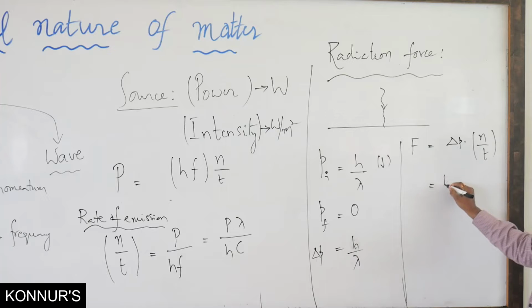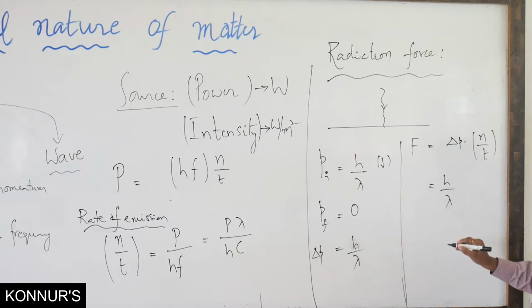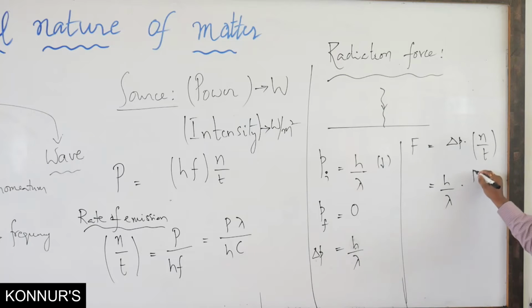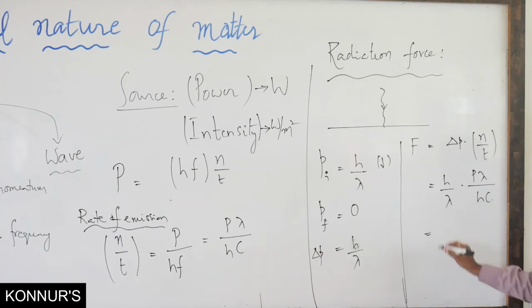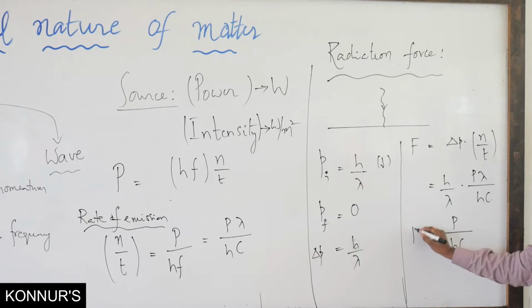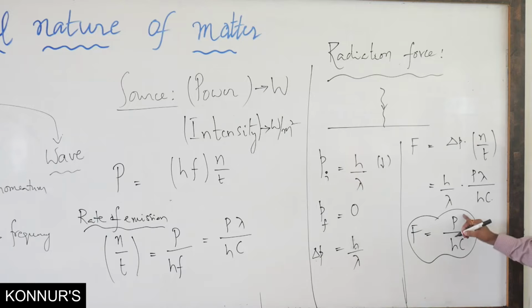Simple substitution. This is h upon lambda, and N by t, as we already told, is P lambda by hc. So we get capital F is equal to P by hc.